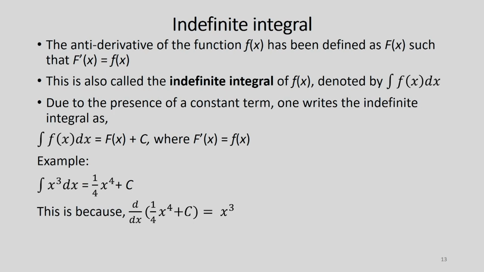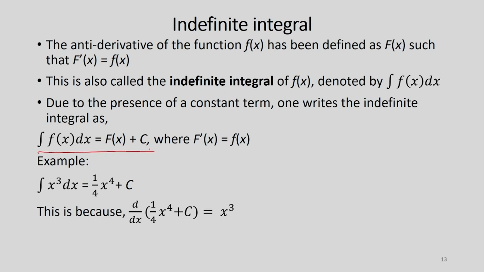So this capital F(x) is the indefinite integral, but we also have to notice that there is this constant term, capital C, which has to be added because if you take the derivative of capital C, it will become 0.